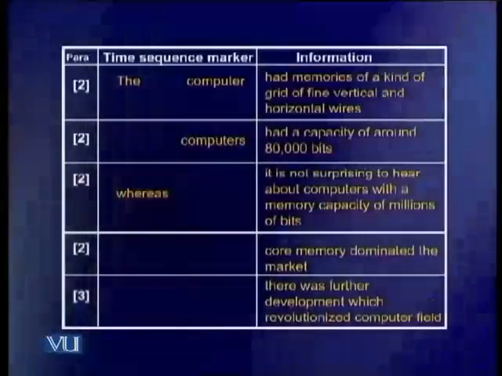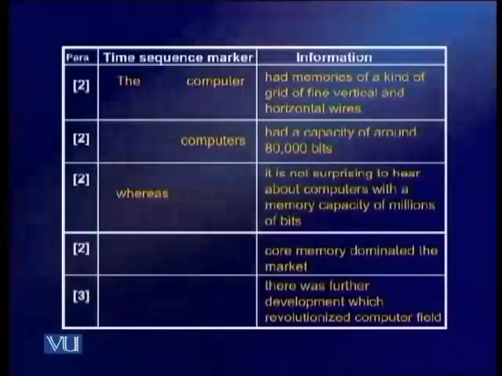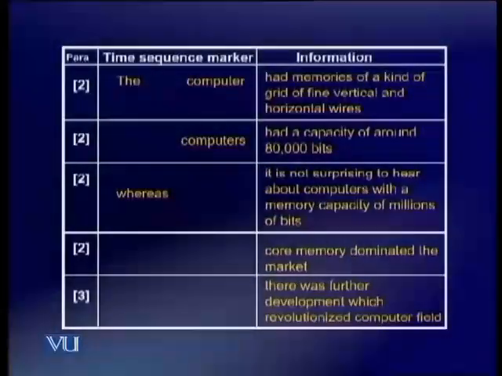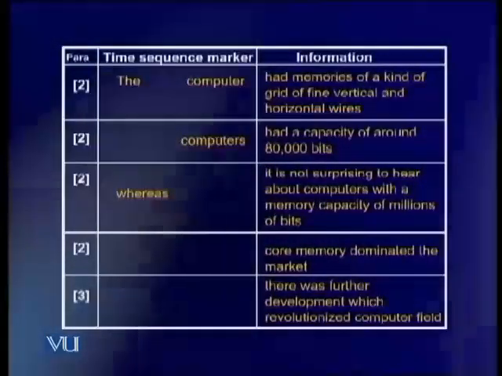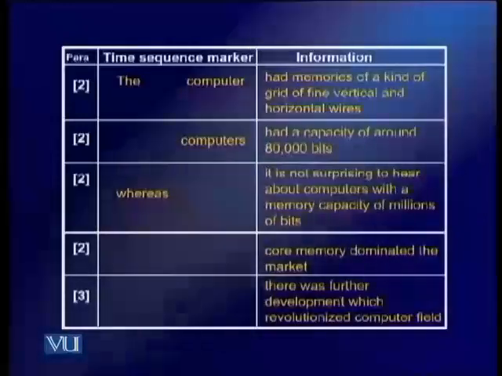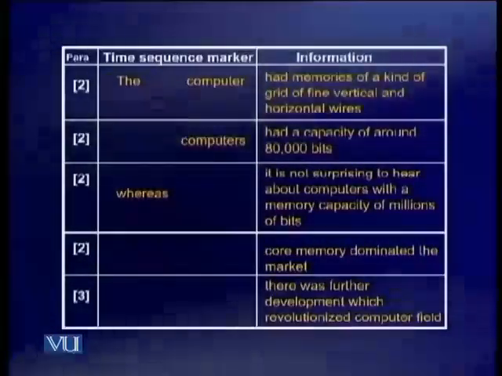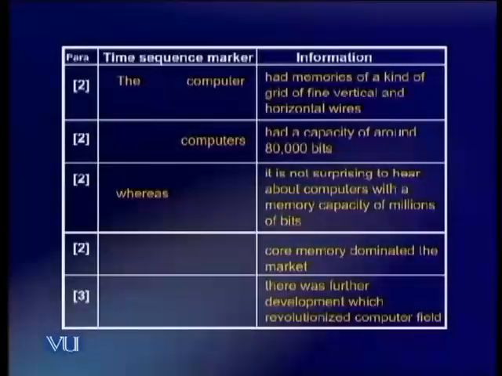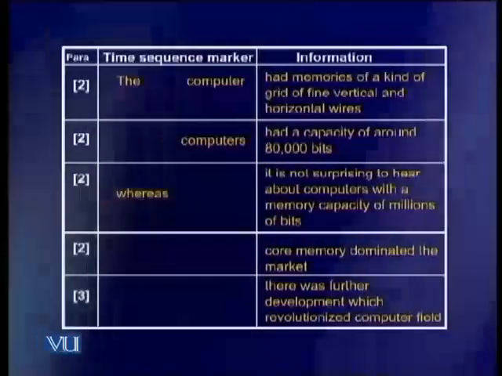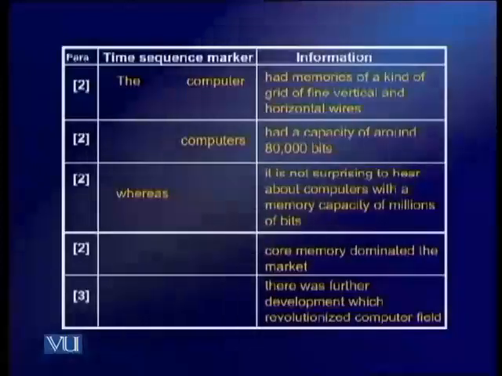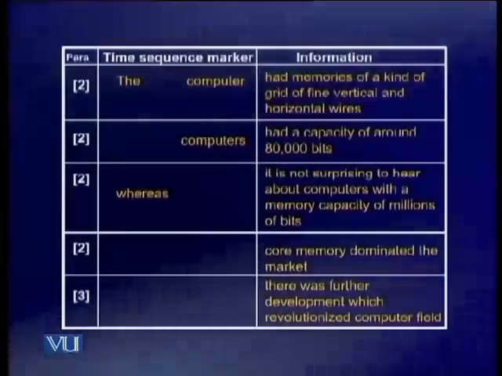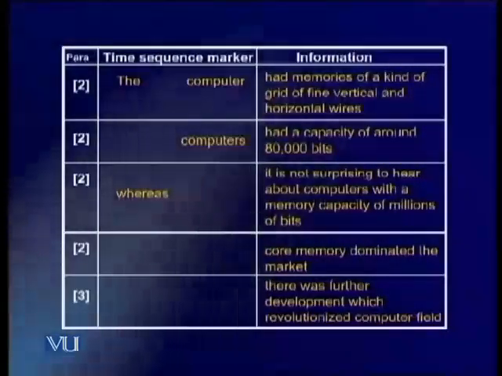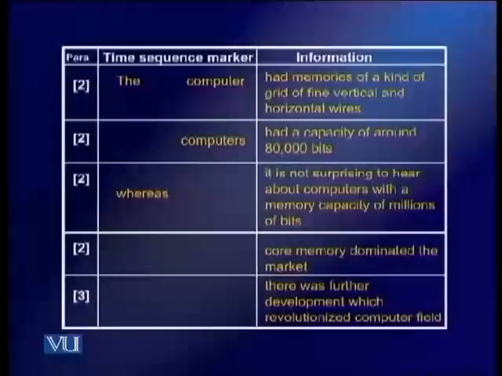You have to fill in the word early computers. Right? Now look at the next one. The information is, it is not surprising to hear about computers with a memory capacity of millions of bits. And you've been given a hint, whereas. The word is now, whereas now.